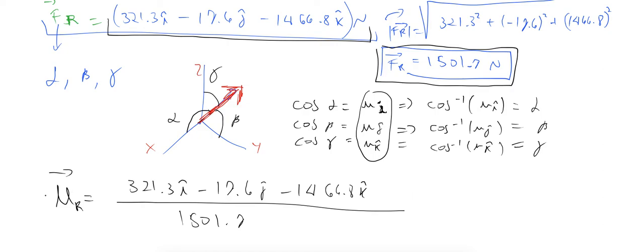So this is going to extract the direction of our force resultant, which is essentially what these angles are. They're the direction of that vector in 3D, right?